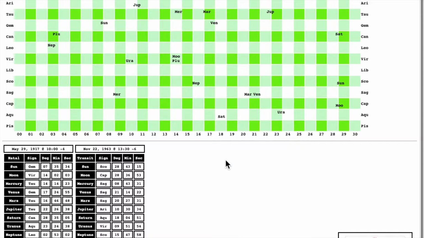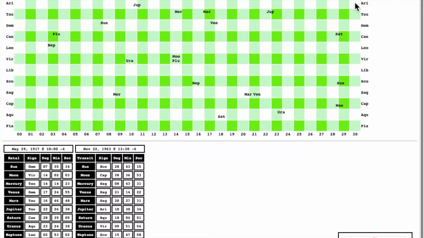The traditional astrology has a wheel, and it's hard to see what is making aspects with something else. So I came up with this raster where you have the 12 signs of the zodiac vertically, and you have the degrees in the sign horizontally.